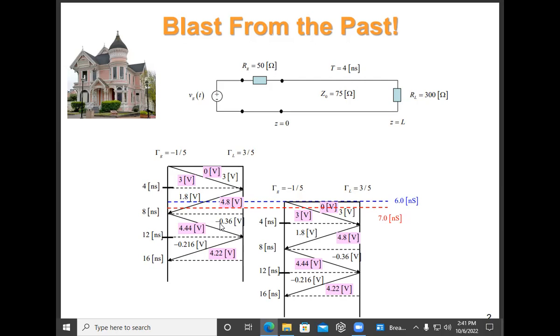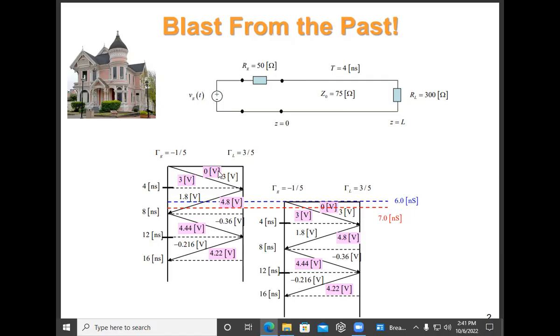When that wave hits the load again, it's going to be minus 0.36 times 3/5, which is minus 0.216. So we've got all those black lines labeled. That's all the wave amplitudes of the step function bouncing back and forth. And then the running tally, remember, are these purple numbers. So we start off with 0. This is of course the region that means physically before the first wave has even crossed you.